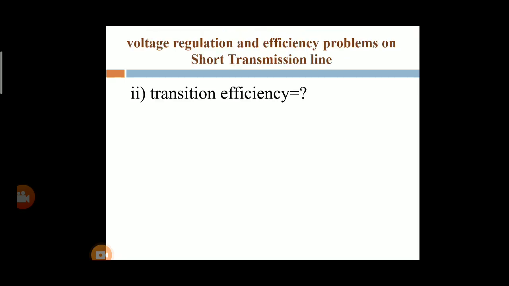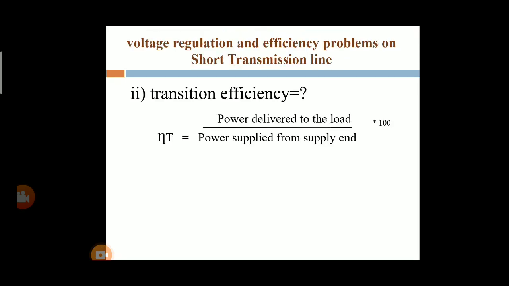These are the total line losses. Next, coming to the second bit, that is the transmission efficiency. What is the formula for transmission efficiency?